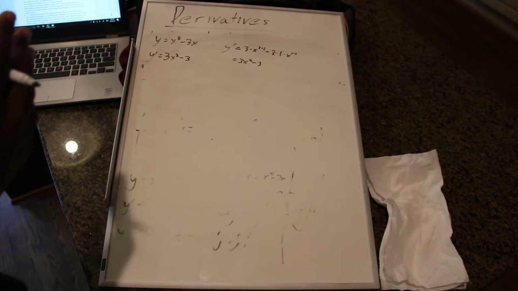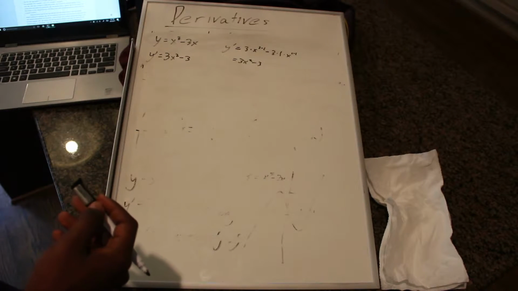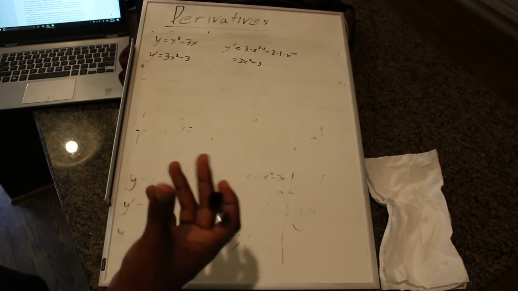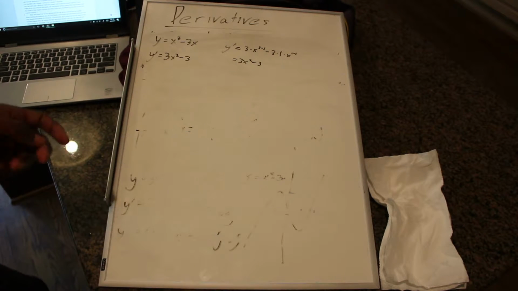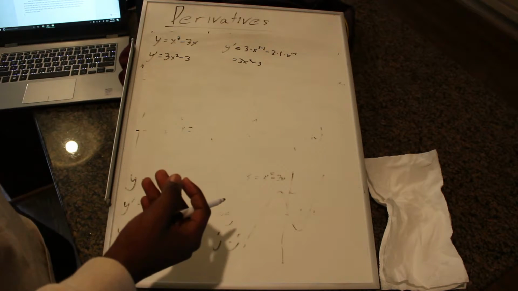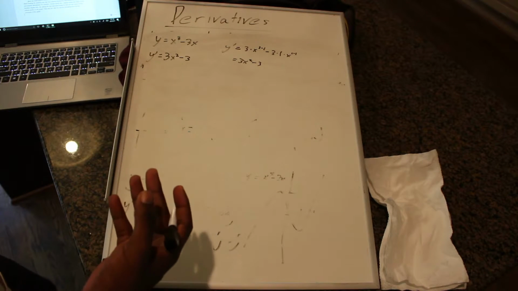So now that we know how to find a derivative, we can talk about using derivatives. Derivatives are used in a lot of things, like when we're finding critical points on a graph, or when we're doing L'Hopital's rule, trying to find limits. It's a very useful skill to have, being able to derive.